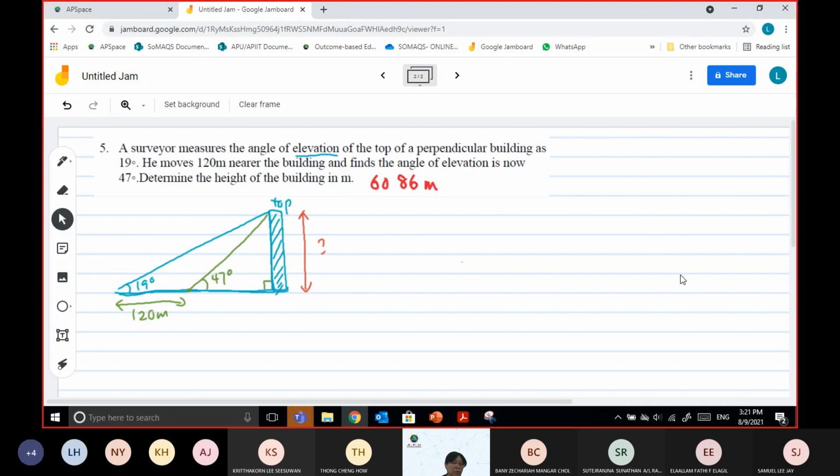Junho, you just snap a photo of your solution and then post it.